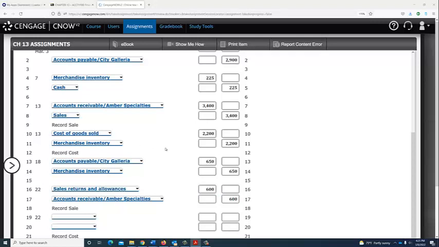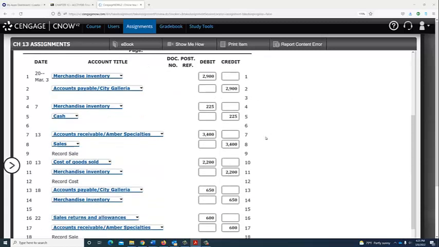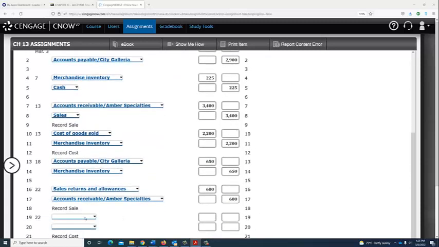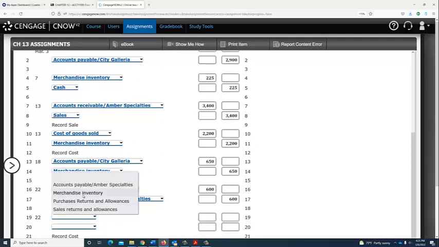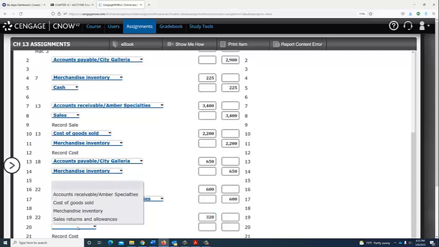And then in the next entry, we're going to increase our merchandise inventory account because the merchandise we sold is now coming back to us. And we do that at the cost. So remember, merchandise inventory always has the cost of the items in that account, never the retail.